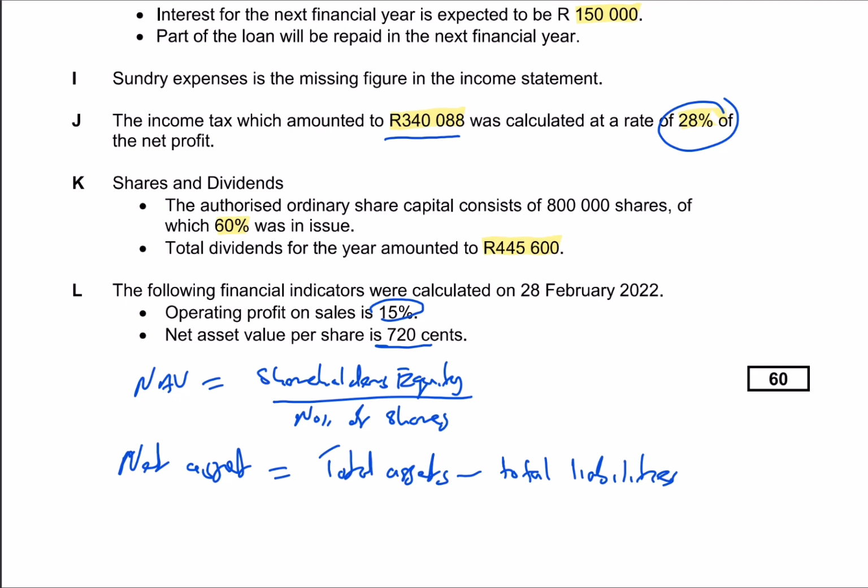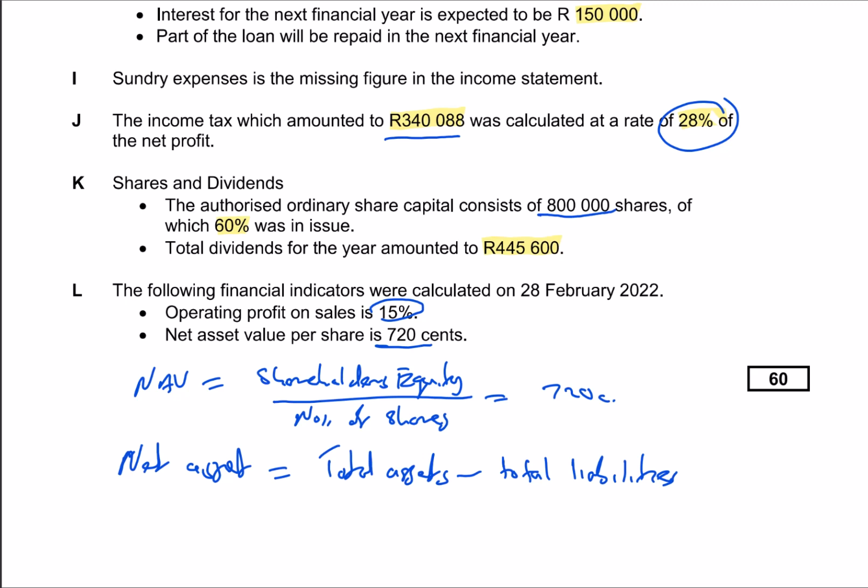So in this particular question, we were told that the net asset value per share is 720 cents. So this was equal to 720 cents. Then we're told as well that the authorized shares are 800,000 and 60% issued.